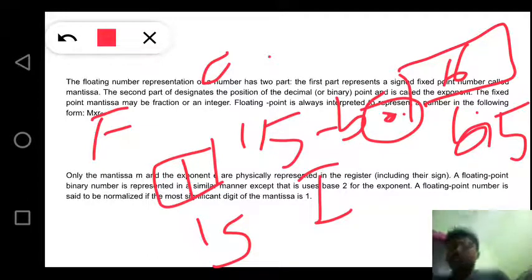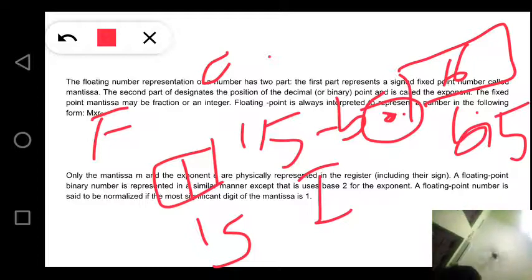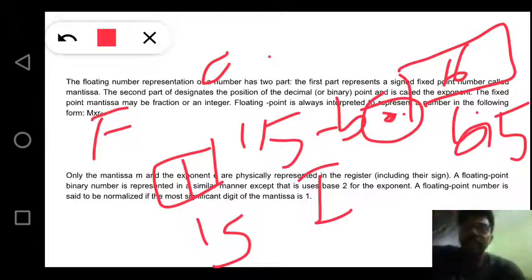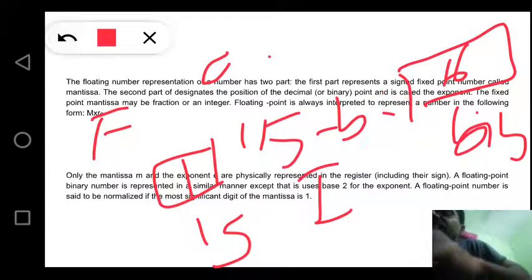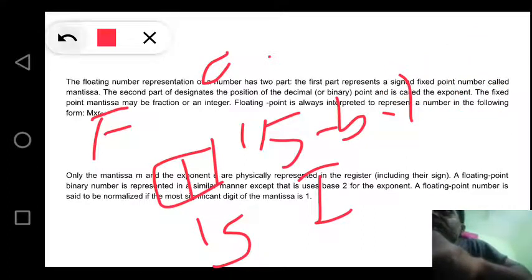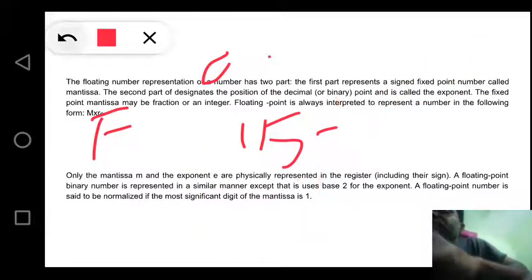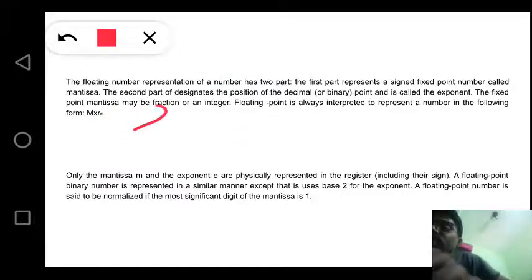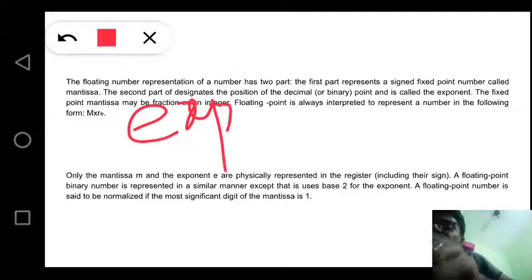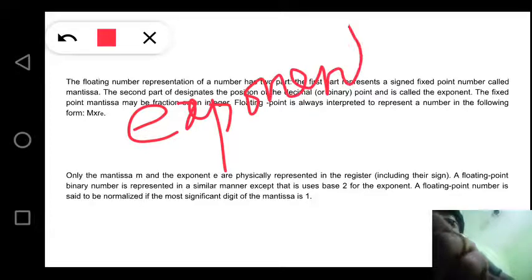You have to confirm where that decimal point exists. It can exist after 2 bits, after 3 bits, after 4 bits, or at any position. So the binary point or decimal point position is not fixed. You should mention where it is. This is called exponent.